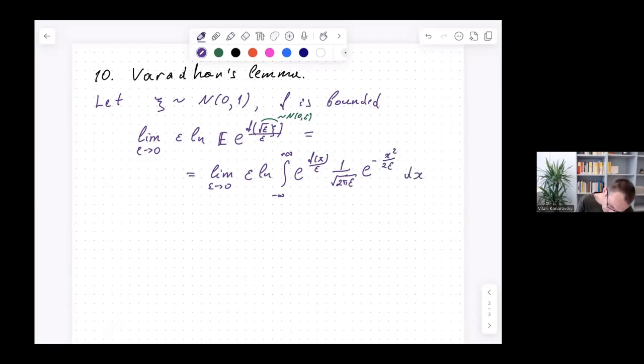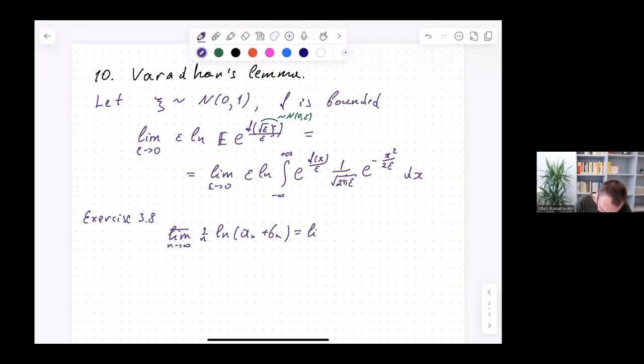And then you should remember the exercise, exercise number 3.8 in the lecture notes, which says the following. When you compute the upper limit as n goes to infinity of 1 over n, or something that goes to 0, times the logarithm of a_n plus b_n, then this is the maximum of the two limits: the limit associated with a_n and the limit for the other sequence b_n.